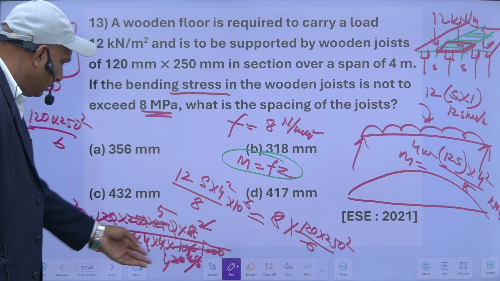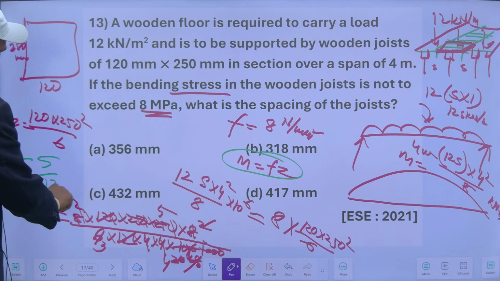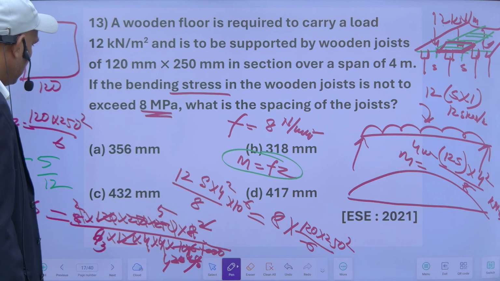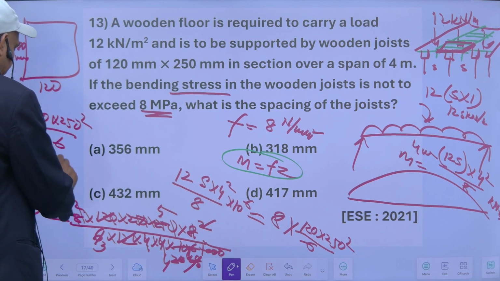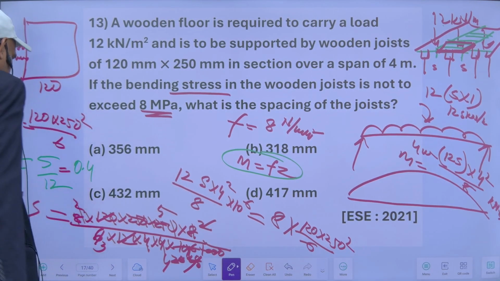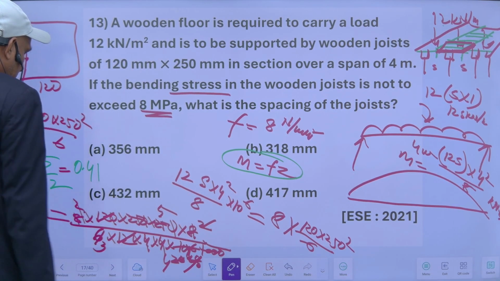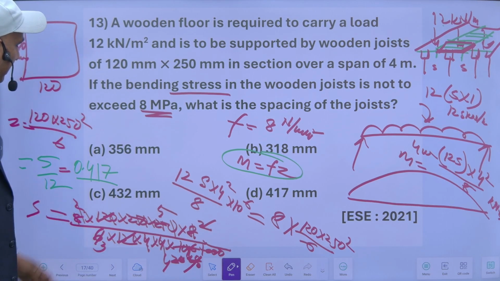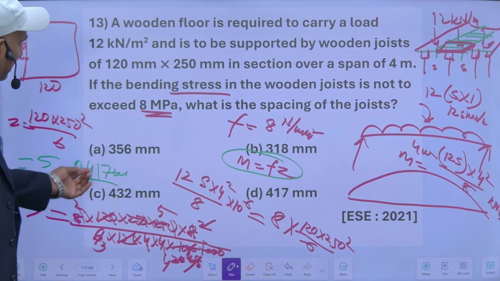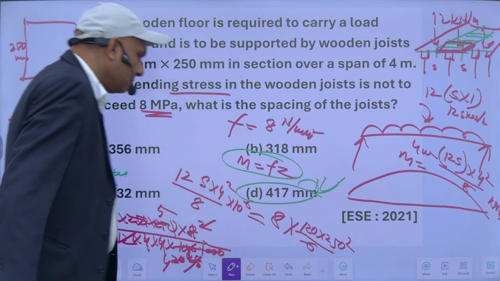So this is 5 upon 12, which will be about 0.4 in meter. When I multiply by mm, it will be 417 mm, which means this is the right option.